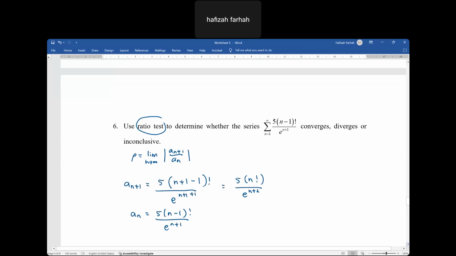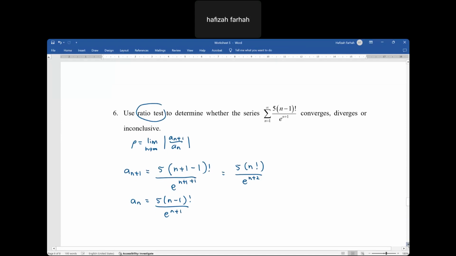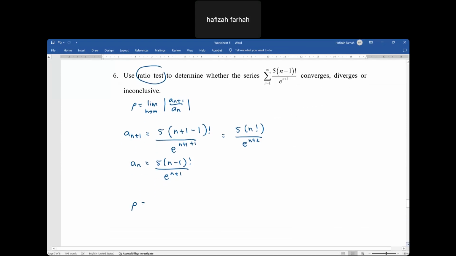So to find the rho, it will be the limit of n approaching infinity. Your a_(n+1) is this one, over e^(n+2), multiplied by, vice versa, we flip it, e^(n+1) over (5n minus 1) factorial.